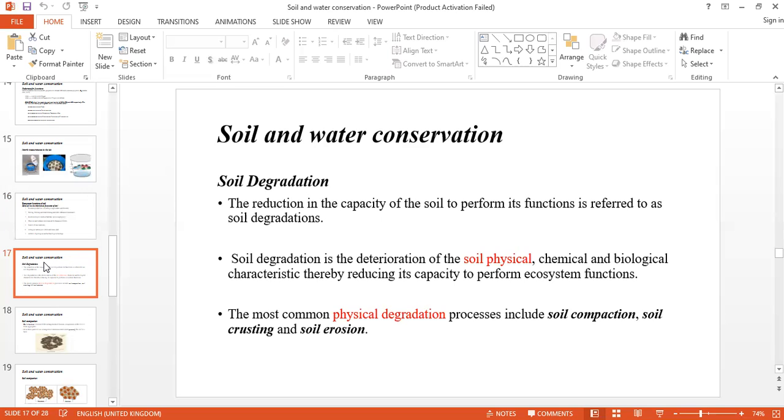So it's deteriorating in its physical, chemical, and biological characteristics, such that you are not able to use it for crop production, for filtering, for carbon storage, and the other functions. When that happens, we say that this soil is degraded.